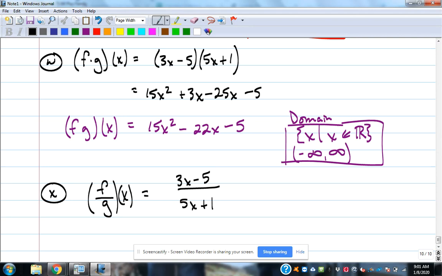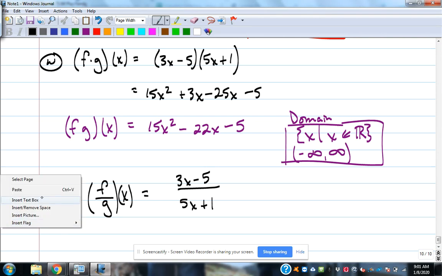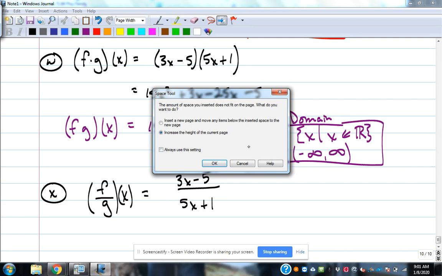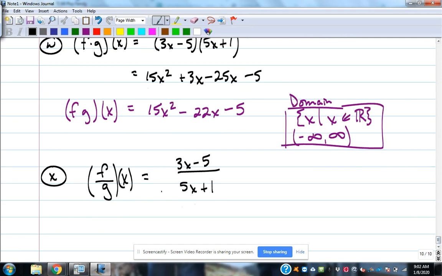No. Neither of those factor at all. So I'm done. That's my function. But what's my domain? Yeah, I've got to set the denominator equal to 0 and solve that out. And that's going to carve out a number. 5x plus 1 equals 0, so x equals negative 1/5.